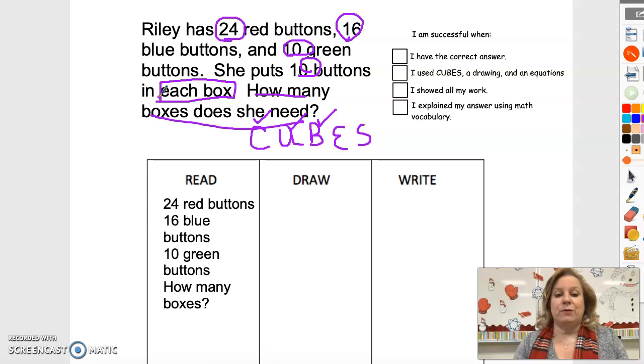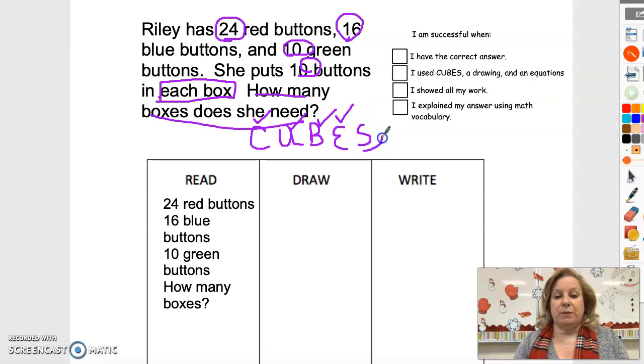So I'm starting to think, I'm going to have to add 24, 16, and 10. And then once I get that total, I put 10 buttons in each box so that I'm really not multiplying, I'm really dividing because I have that total now. And then I'm going to divide by 10 to see how many boxes are needed. Okay, do I need to eliminate anything? There is nothing here to eliminate.